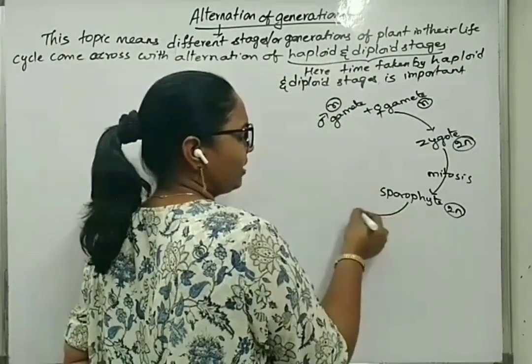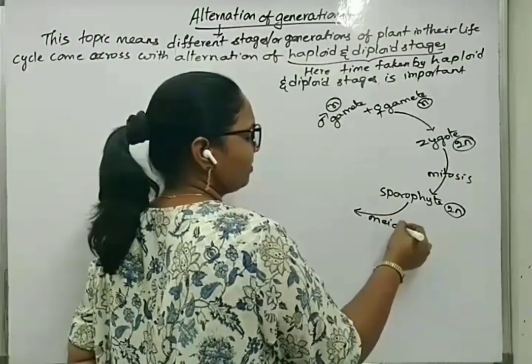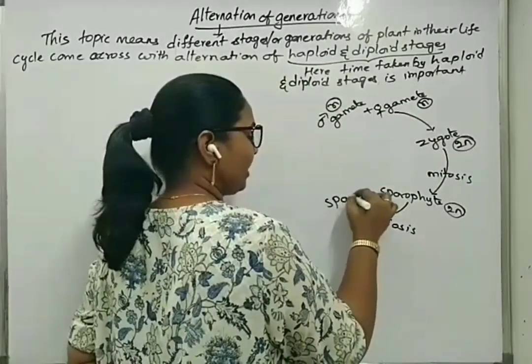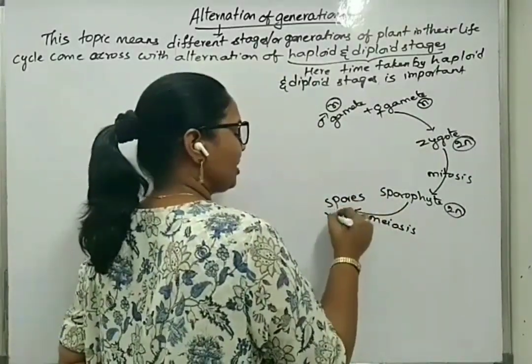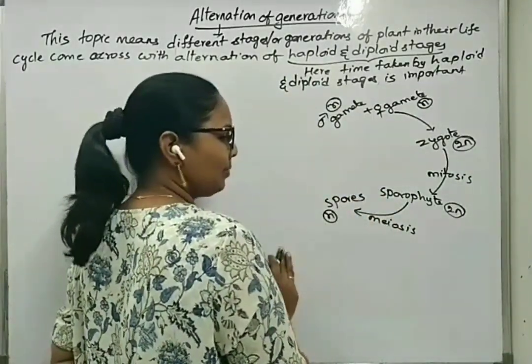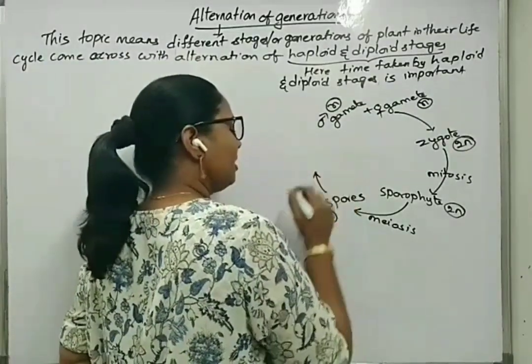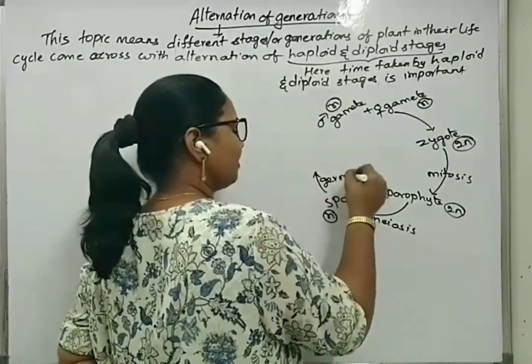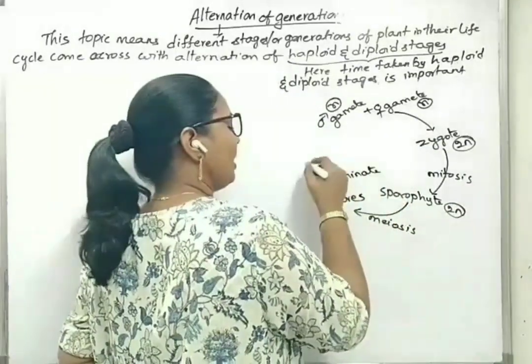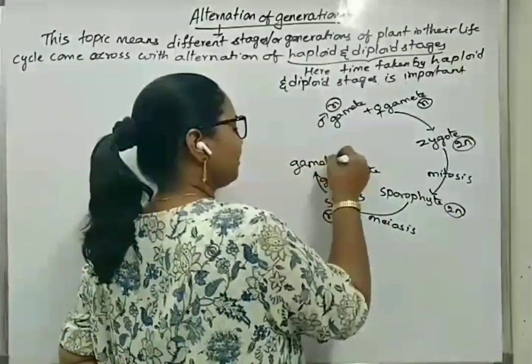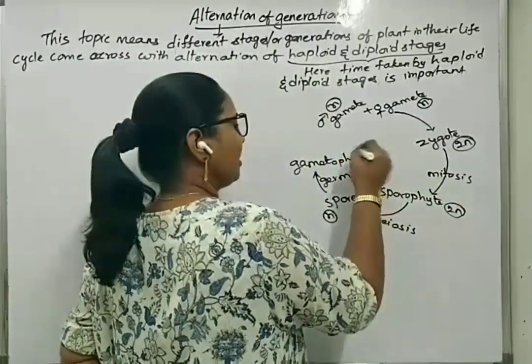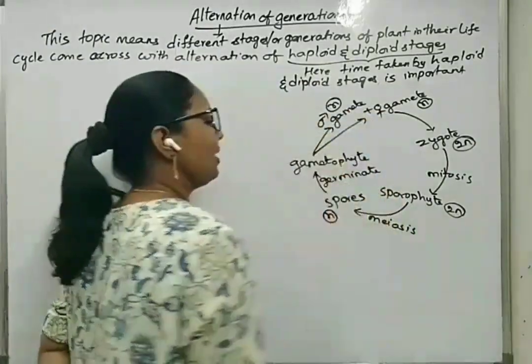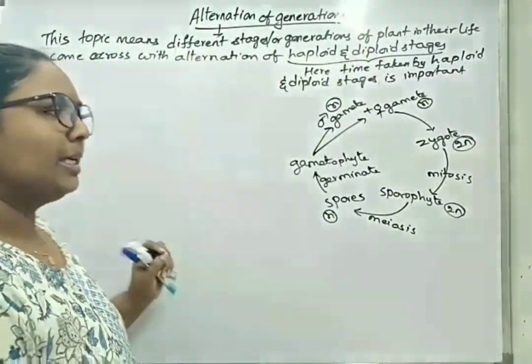Next, it undergoes meiosis to give out spores. Spores are haploid because after reduction we get haploid offspring only. Spores germinate and give out the gametophyte. The gametophyte produces male and female gametes. This is generally what happens in a plant body.